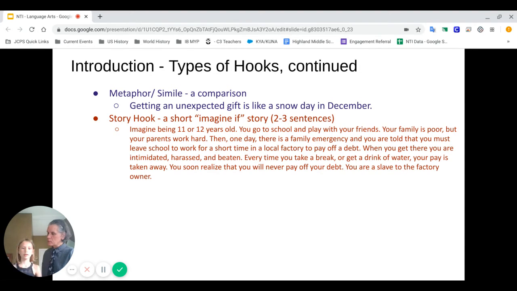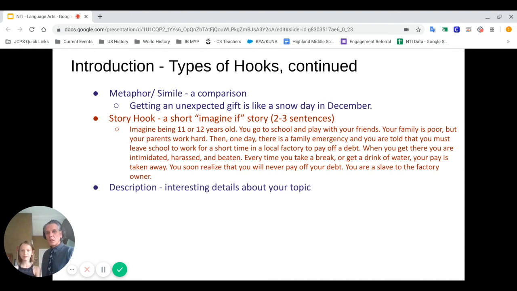Yeah, debt, when you owe someone money. When you get there, you are intimidated, harassed, and beaten. Every time you take a break or get a drink of water, your pay is taken away. You soon realize that you will never pay off your debt. You are a slave to the factory owner. Yeah, very nice job.